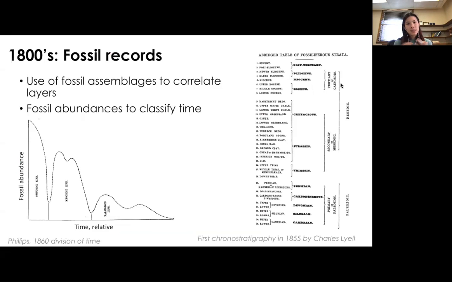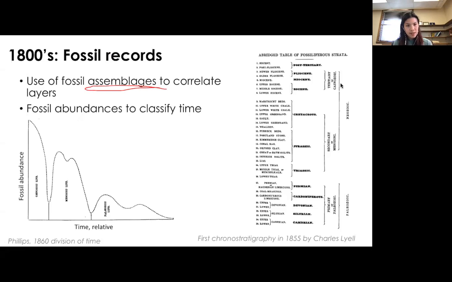We call these fossil assemblages. Over time, the frequency of fossils and the abundance of different fossil types will change. And we can use this abundance, frequency, as well as the different types of fossils to create assemblages that mark out geologic time. And in particular, we can mark out mass extinctions.